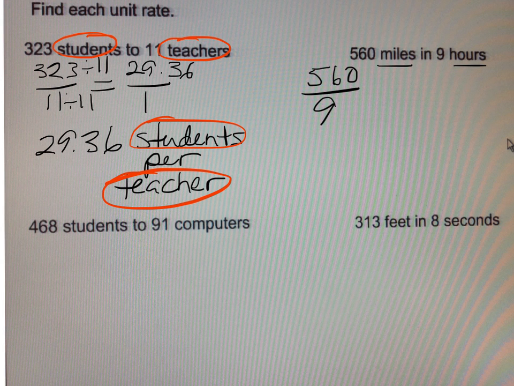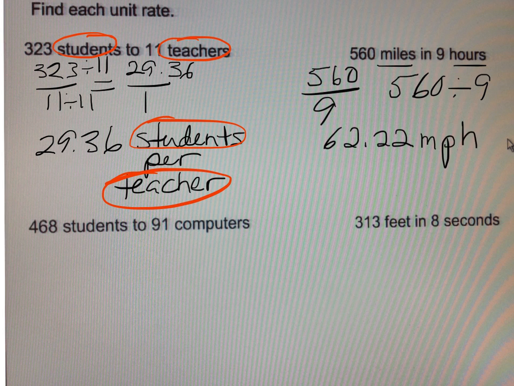Okay, and we all know that every fraction is a division problem, so you can show me that you're going to type 560 divided by 9 into your calculator, and then you're going to show me the result of that, 62.22, but then you have to give that number meaning. 62.22 what? 62.22 miles per hour.